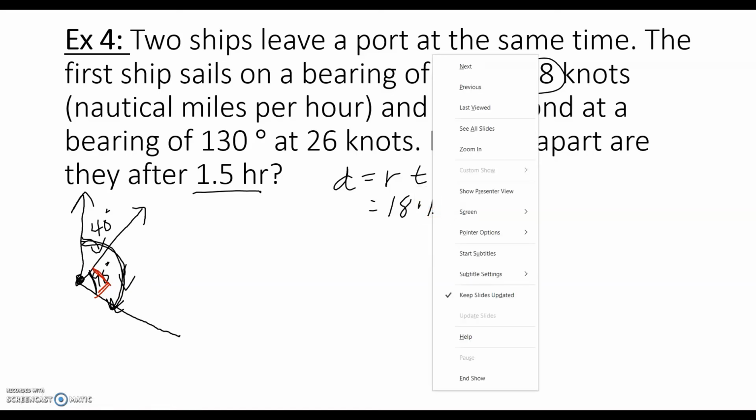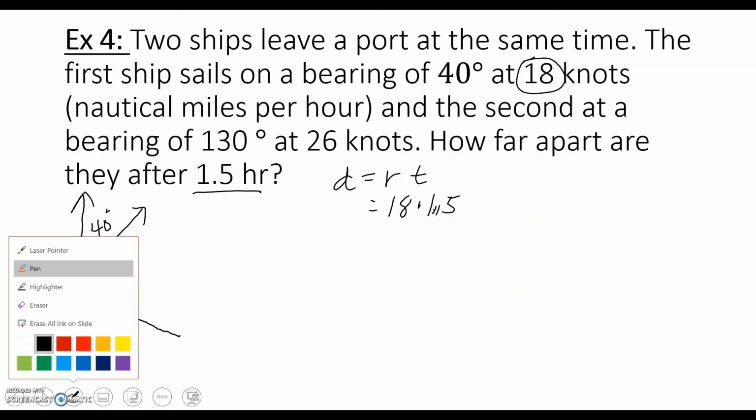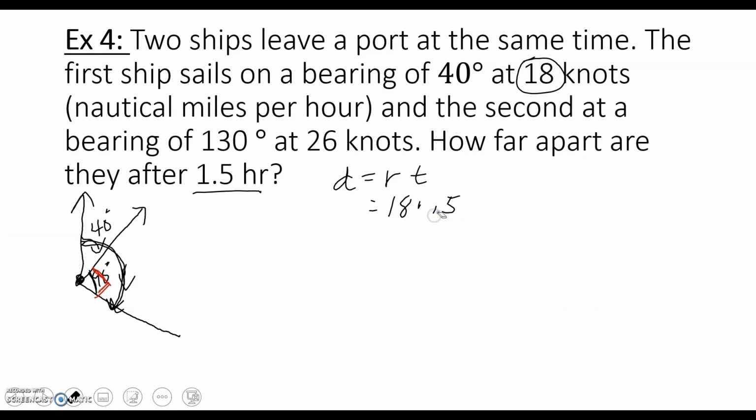My screen is acting up. So 18 times 1.5 and you get, all right, that's better. If you multiply 18 times 1.5, you get 27. So this first ship has traveled 27 nautical miles.